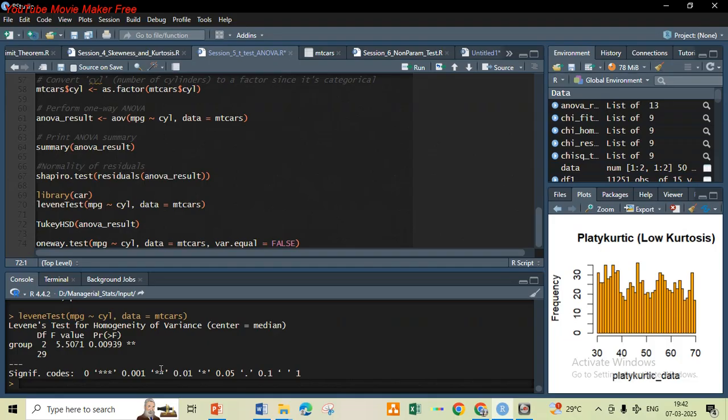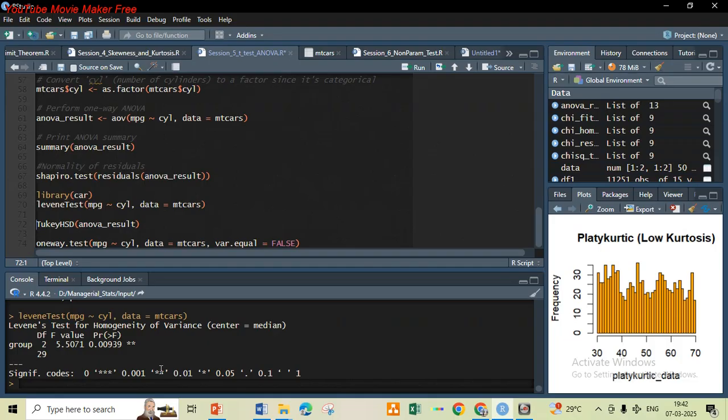But since we have already used it, let us continue discussing it. Technically, we should not have used ANOVA. We should have used something called Welch's ANOVA test, which is a slight variation of ANOVA, but we could still continue discussing the results.